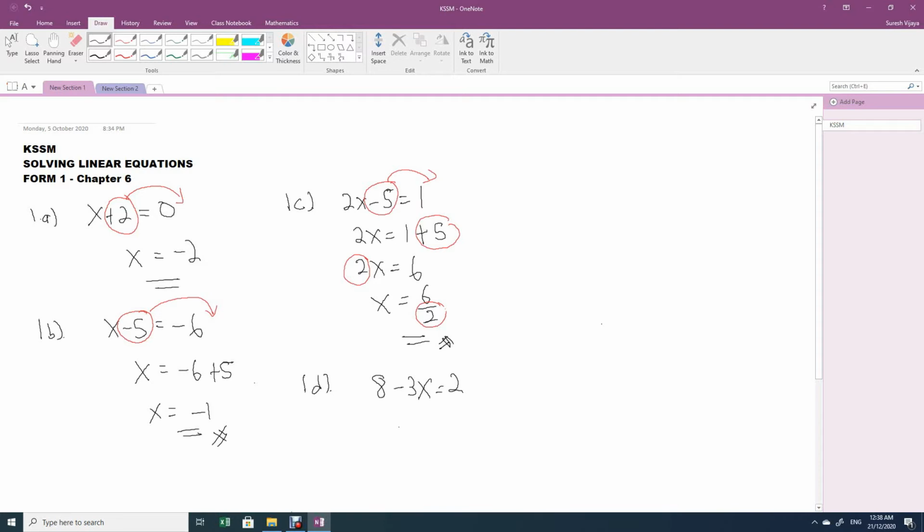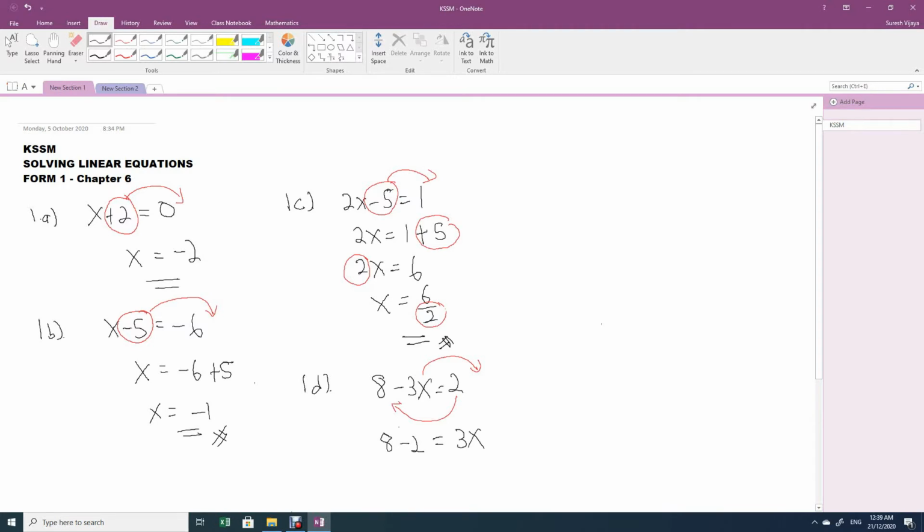The easiest way is to change the x to a positive value. To do that, we move the -3x to the right hand side. 8 minus 2, this is +2, when you cross over, you'll be -2. -3x you bring over, you'll be 3x.